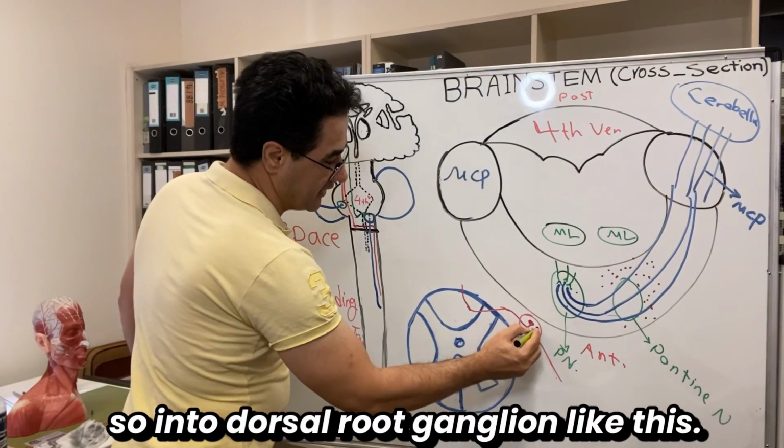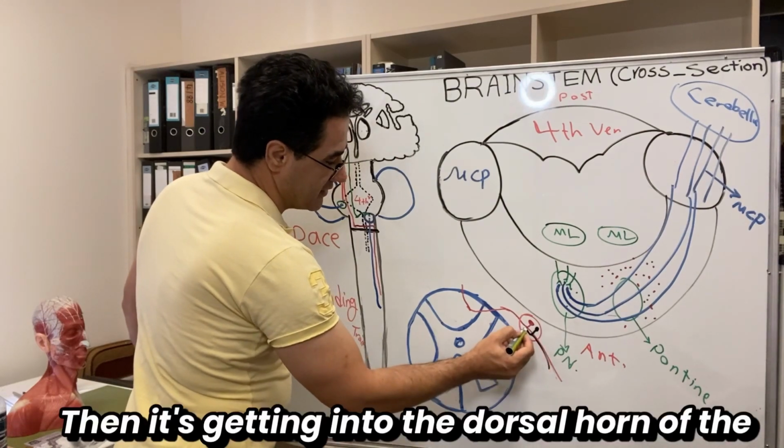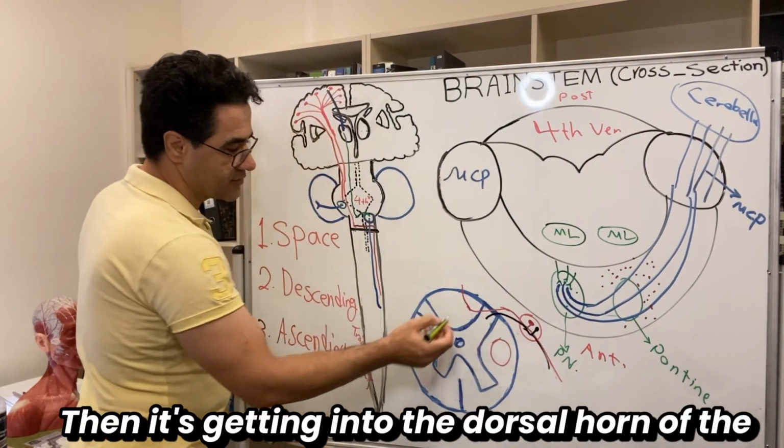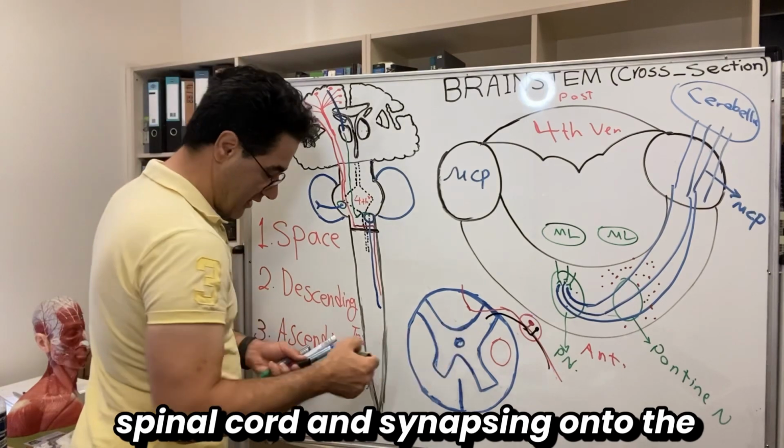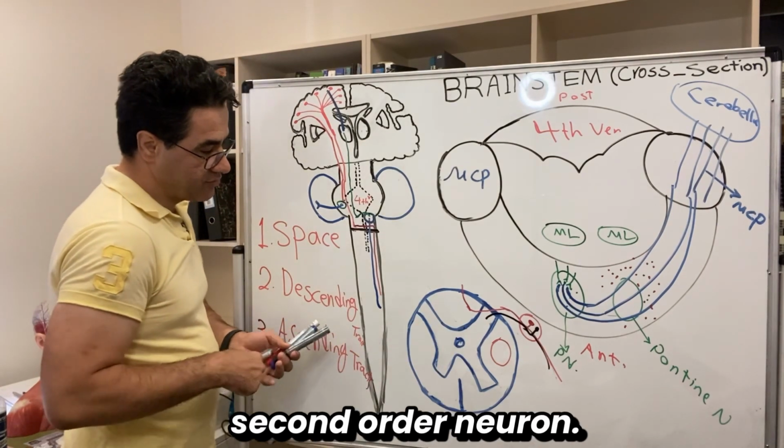It is in the dorsal root ganglion like this, and then it gets into the dorsal horn of the spinal cord and synapses onto the second order neuron.